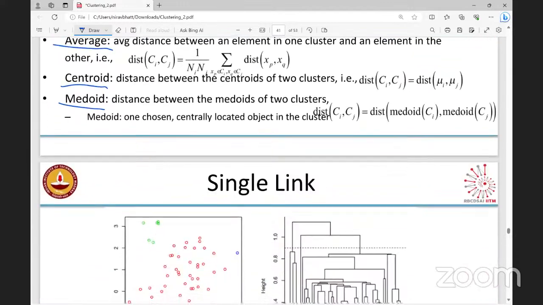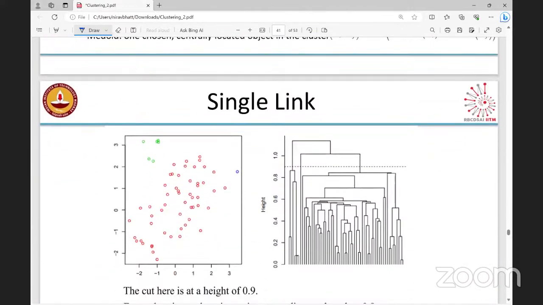So how can we do that? If I use single link, I can get this dendrogram. I will start with, let's say, these data points. And then based on certain distance, I will cluster these 3 points, this point, and keep doing it based on single link distance as my intercluster distance.